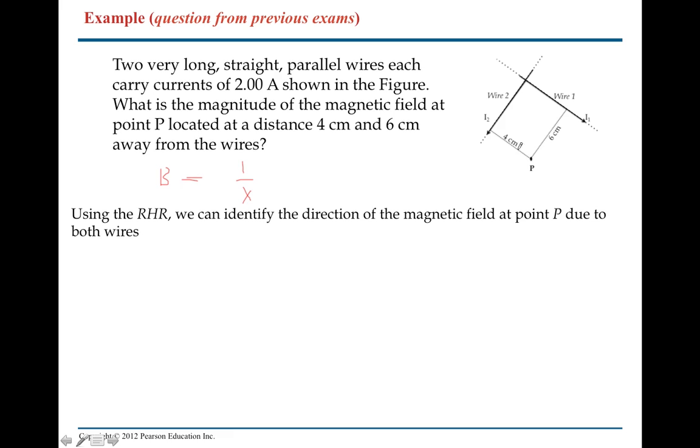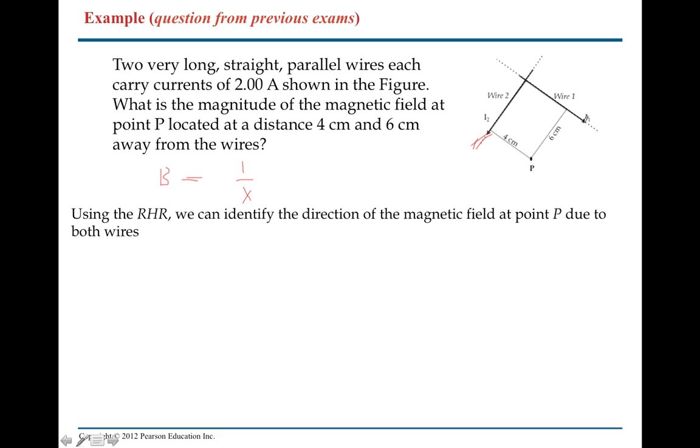The question is the direction. So for this one, my finger is this way, and this is my thumb. My thumb is this way, and I have to curl so that this is out. So the magnetic field due to this guy is out of the page. We'll consider out as positive and in as negative.